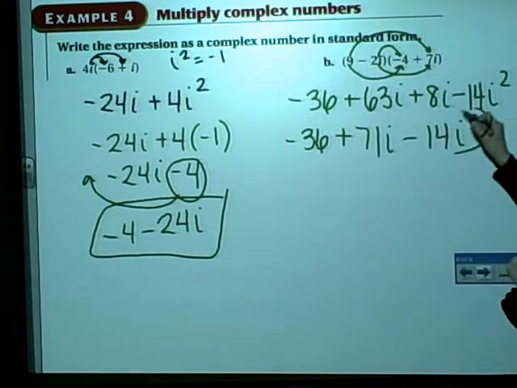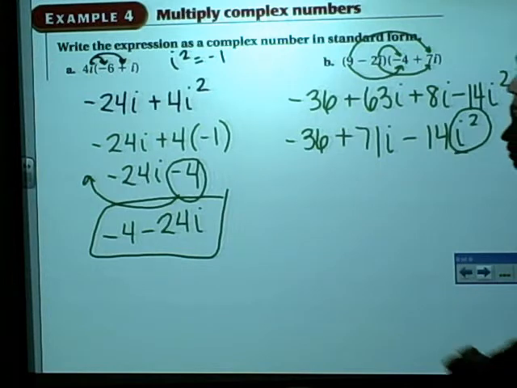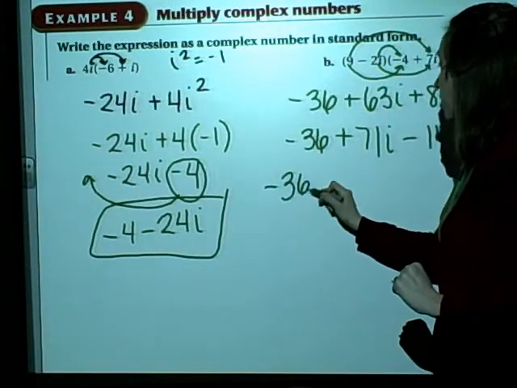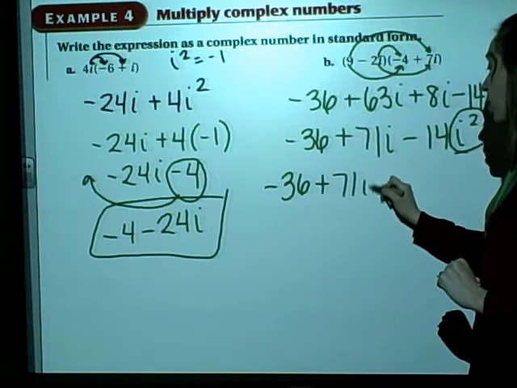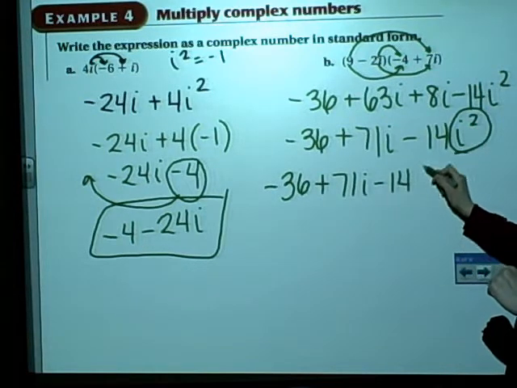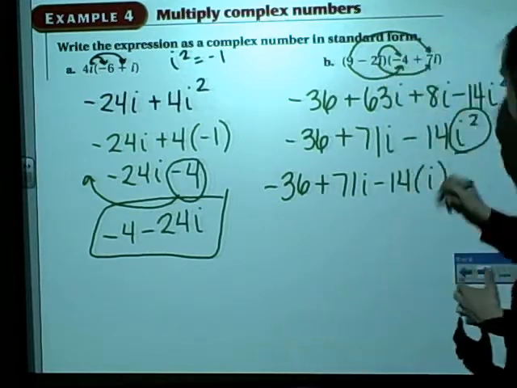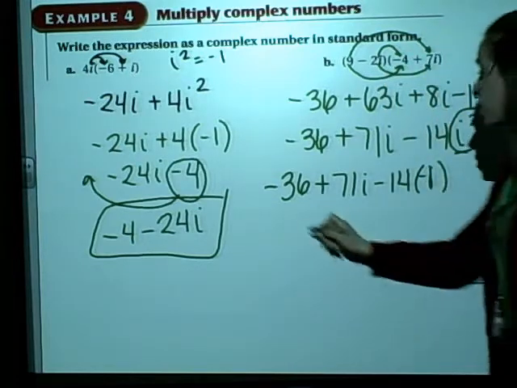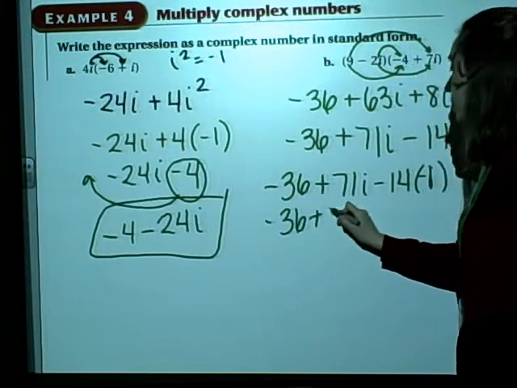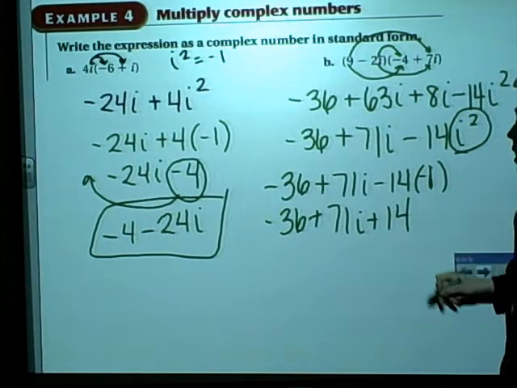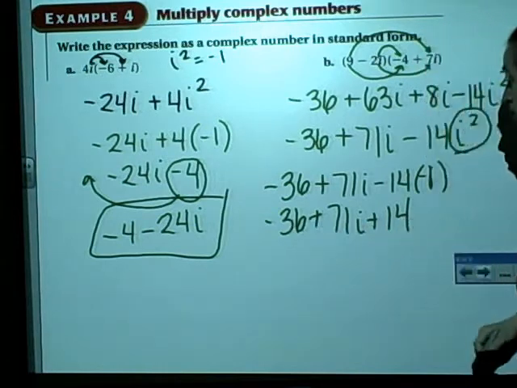However, we have an i squared here. So we want to replace that according to our definition with negative 1. So negative 36 plus 71i minus 14 times i squared, which we know is negative 1. Okay, so negative 36 plus 71i plus 14. Now we're going to combine like terms.